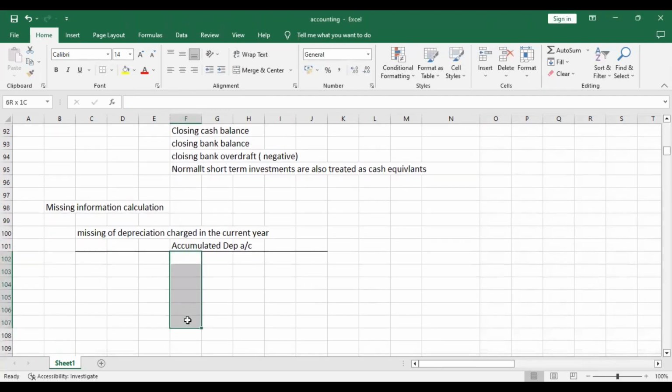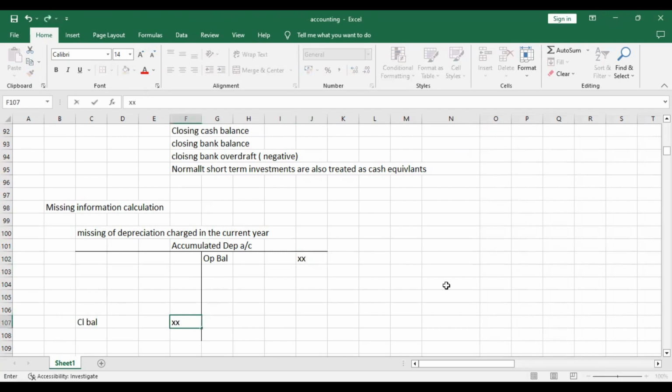Accumulated depreciation or provision for depreciation, one and the same. Since it is a liability account, opening balance will be on the credit side, closing balance on the debit side. Understand?